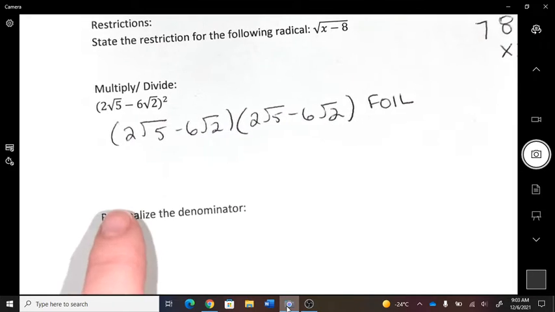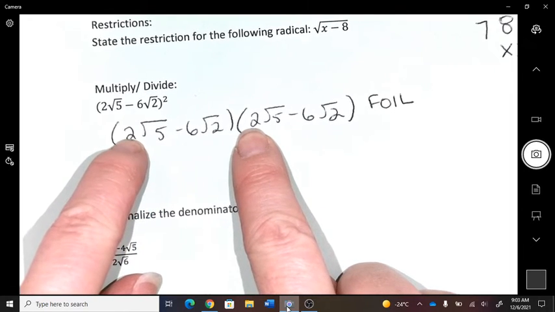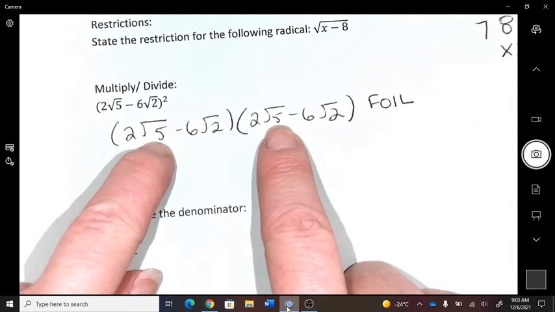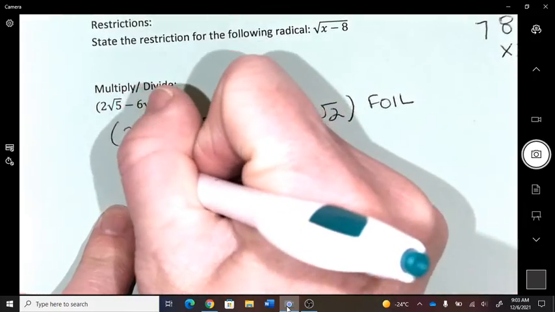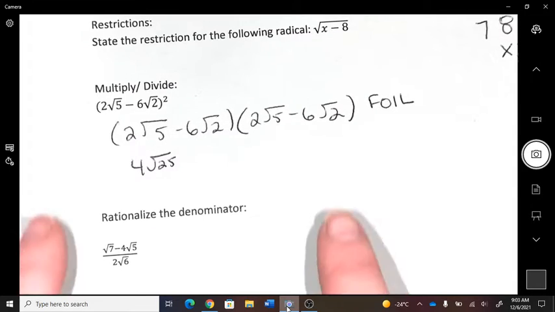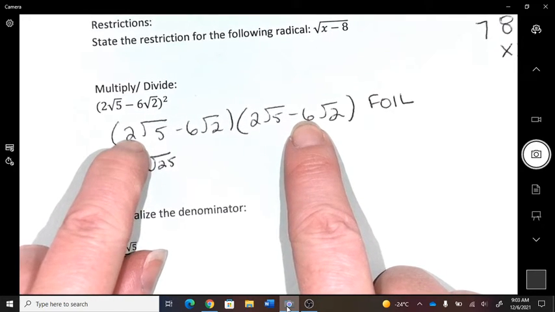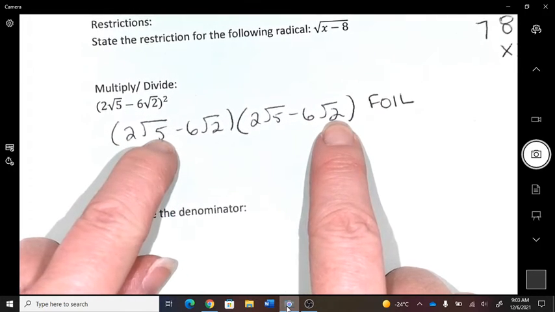So first times first, you're going to get a whole number 4 root 25. And if some of you want, at that stage, you can already write the 5. I'm going to do that next, but outside, this would be a negative 12 root 10.